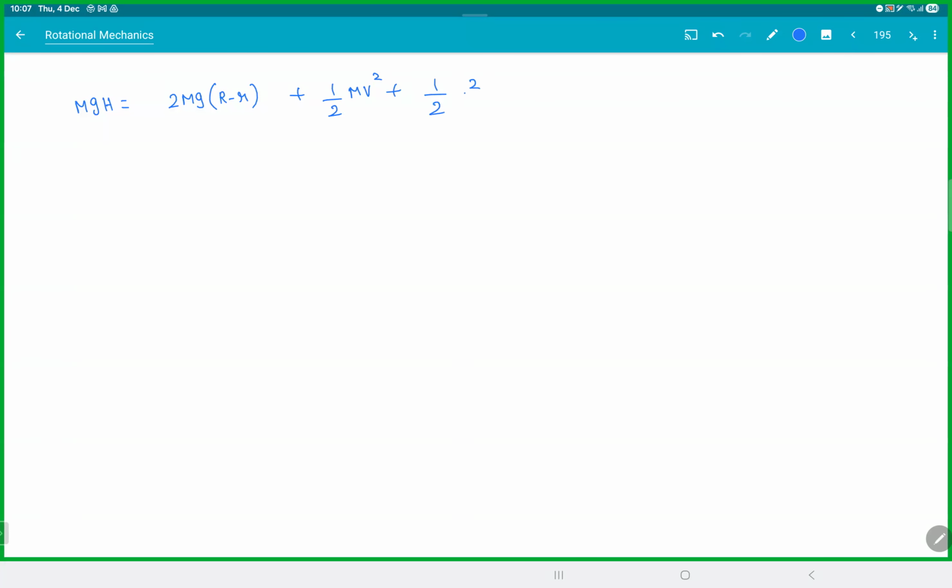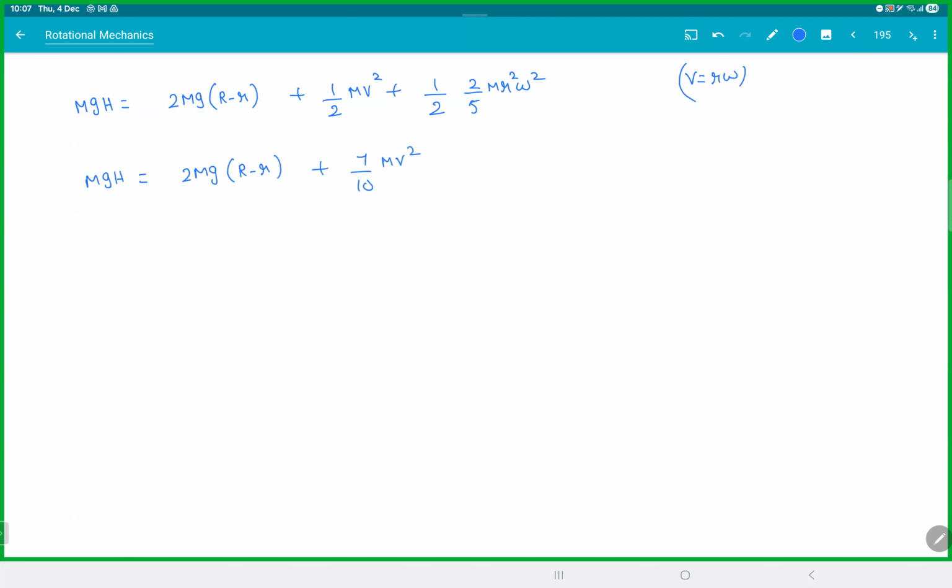Half I omega square, this will be 2 by 5 mr square omega square, and it is not slipping. The ground is at rest, so v is equal to r omega. That will be 7 by 10 mv square. But what is v square?